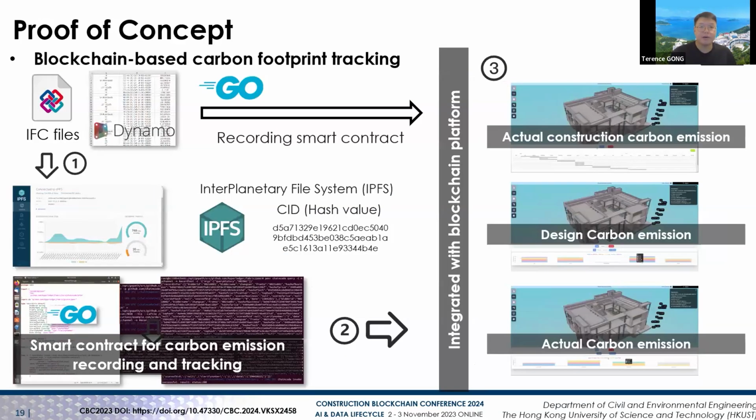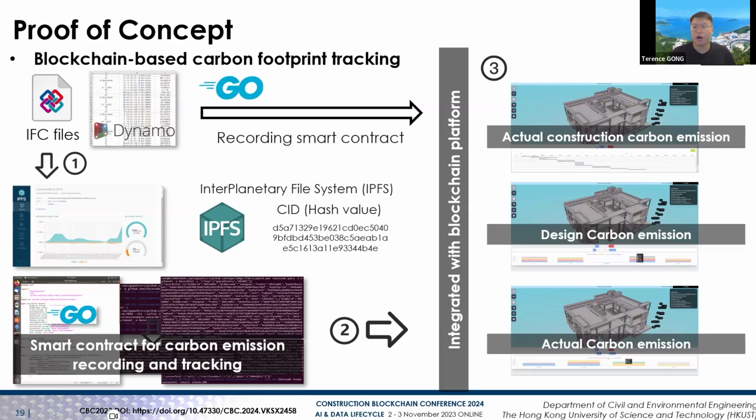And then the last part is the blockchain-based carbon footprint tracking. Here, we also use the smart contract to make sure the carbon emissions reporting and tracking can be done, integrated with the blockchain platform which works for IFCs. We can see it has three different visualization methods.